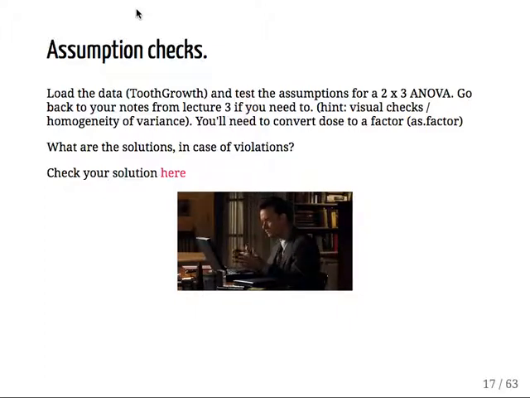You don't have to run them, but you should think back as to what we can do in case we have violations of those assumptions. And then don't click just yet, but the solution to this type of thing, you can click on there. So load the ToothGrowth database and check the assumptions from lecture 3 for what we did, which is the homogeneity of variance check and linearity check.